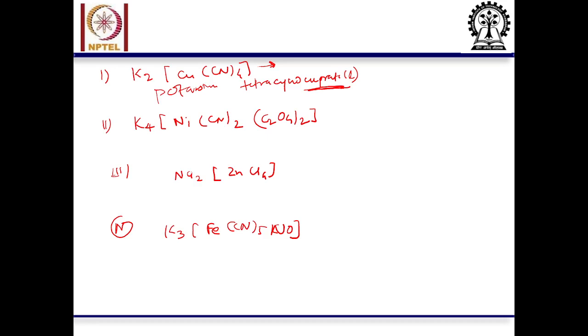Can anyone just write in the chat box? I think now you people are getting it, you haven't written "di" potassium like that. This is just to balance the charges and the coordination sphere, nothing else.